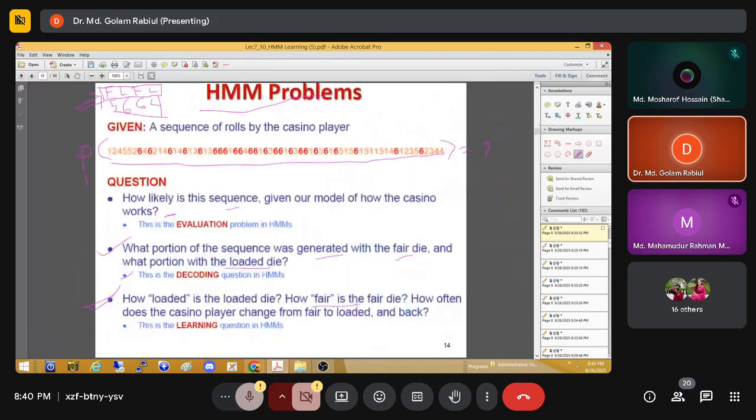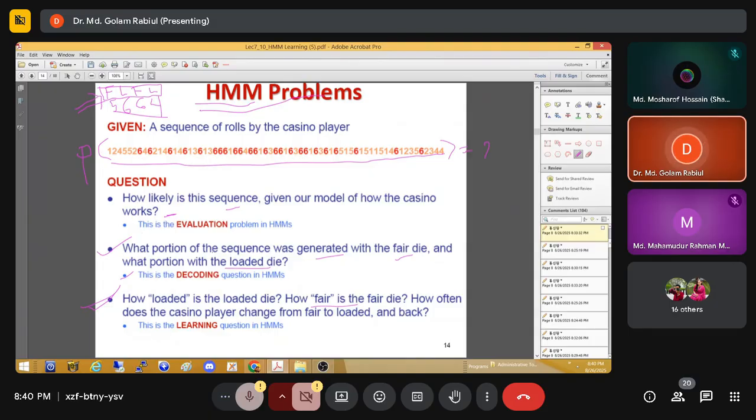And how fair is the fair die, that is, whether the die is fair or not? And how often does the casino player change from fair die to loaded die to fair die? We can answer these questions if we model our problem using a hidden Markov model.